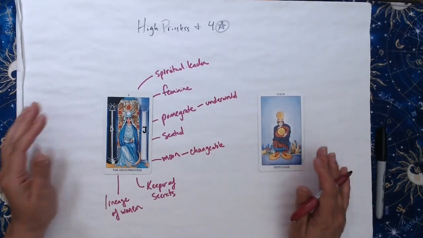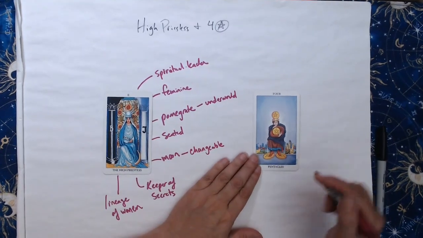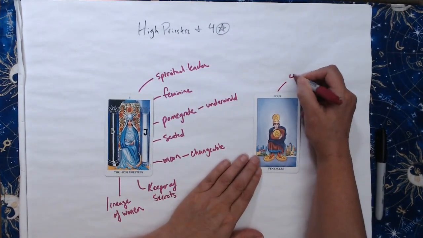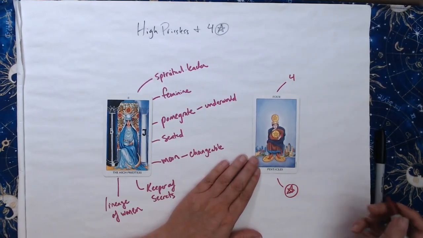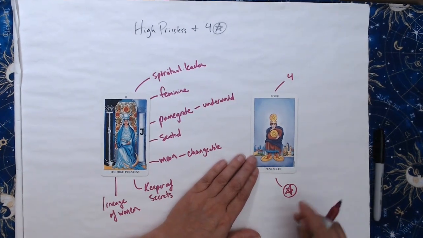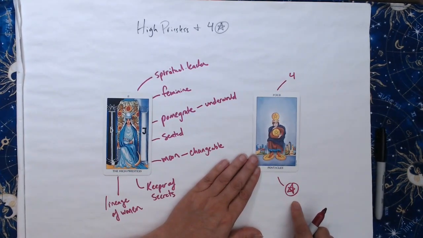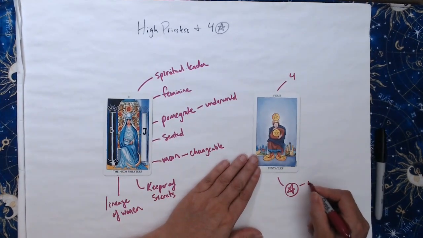Then we go on. When you have numbered cards like this, you can always put the number and the suit, because those are two descriptors of the card. And then you would put your keywords that you use for pentacles. So pentacles are material world.